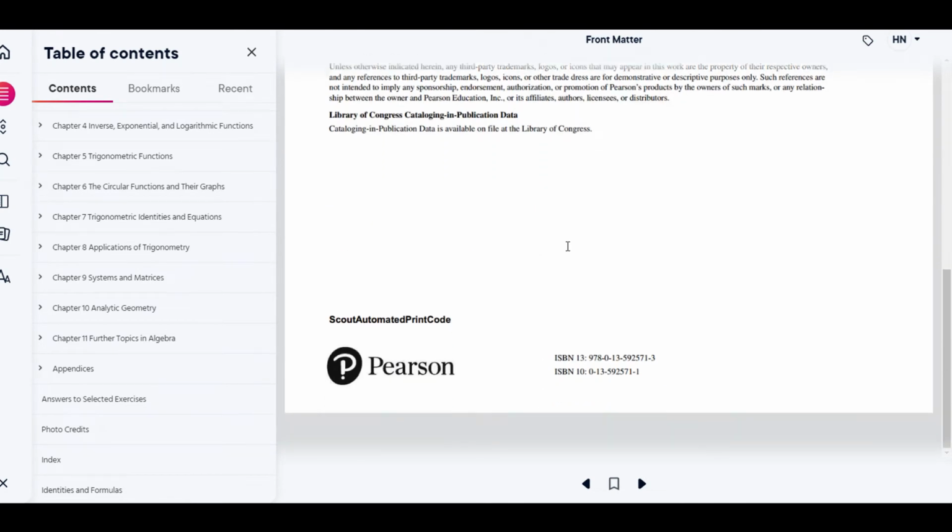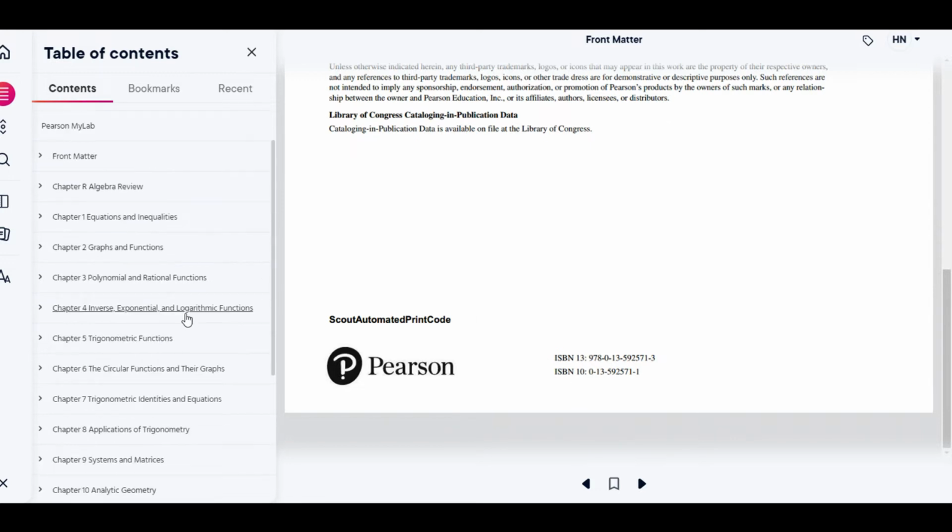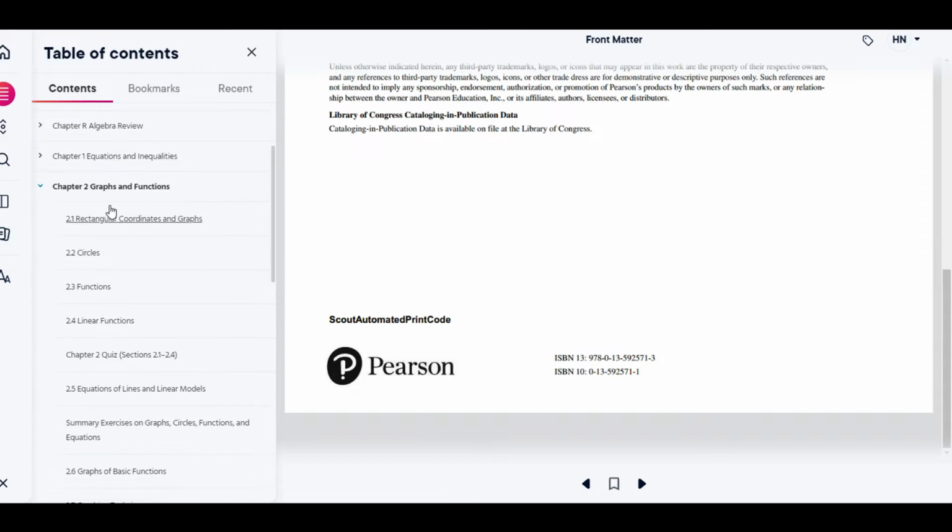Yeah, right over here, so this is the ISBN number. You go to the bookstore and ask them for the MyMathLab access code for this textbook.